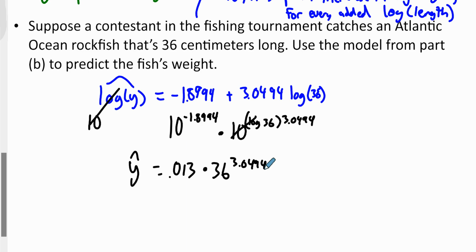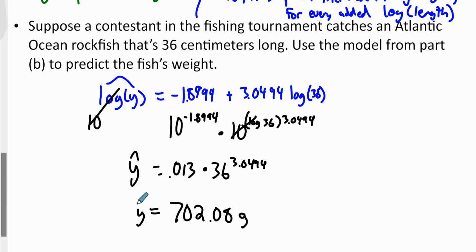Use the calculator. You don't have to do any of this by hand. It ultimately should get us 702.08 grams. That is our estimate from this.